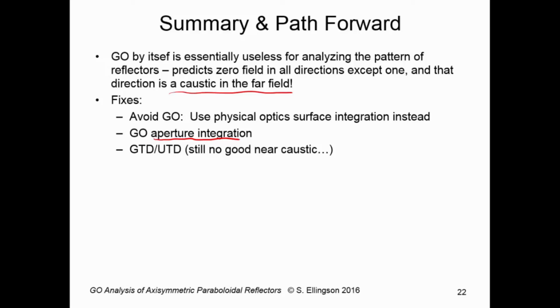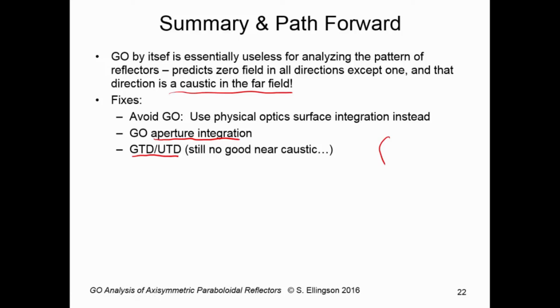That is a very useful technique in a whole bunch of cases, and we will certainly address that in the future. A third way is to use GEO, but to augment it with diffraction terms. That's done using techniques that go by the name of GTD or UTD. That will at least allow us to get the fields for far out side lobes.